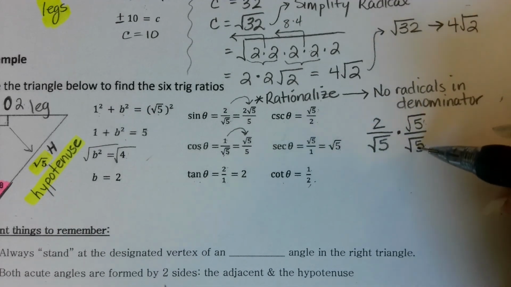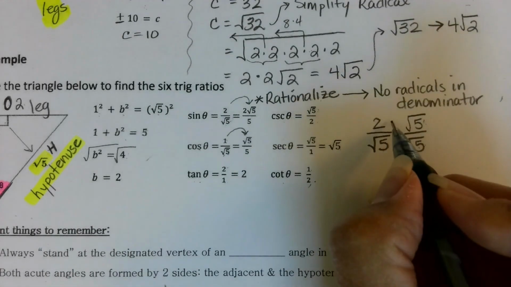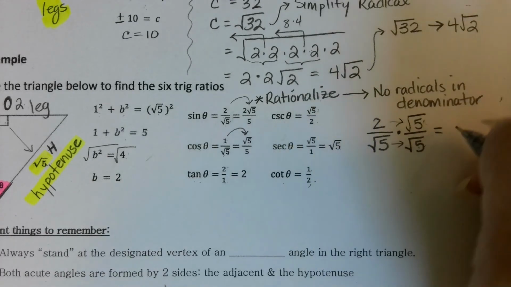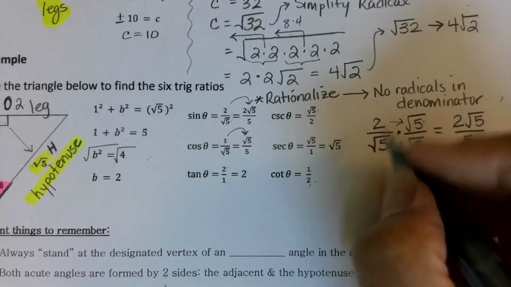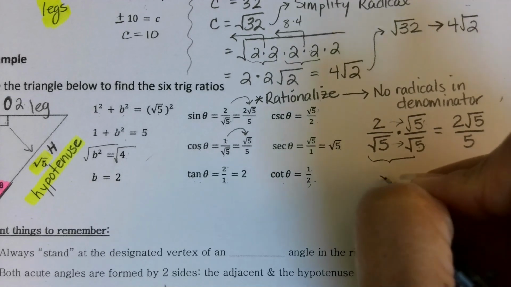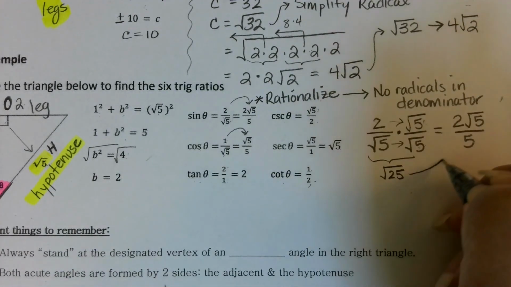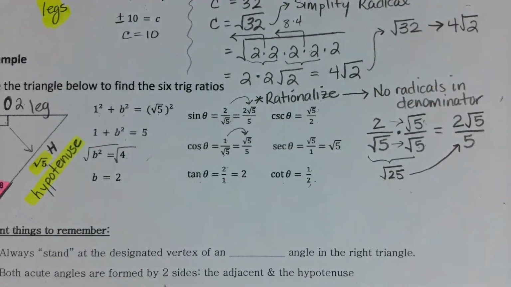Square root of 5 over square root of 5 is just 1, so that's the identity property. So all you're doing is multiplying straight across, and you've got 2 square root of 5 over 5. And why is it a 5? Because square root of 5 times square root of 5 is square root of 25, and the square root of 25 is merely just a 5.